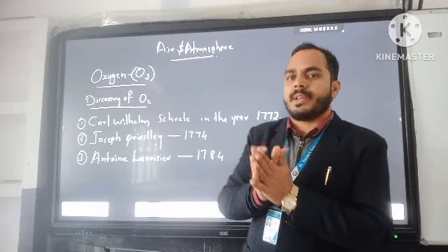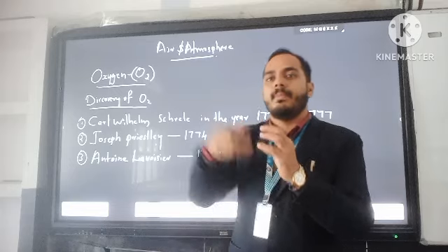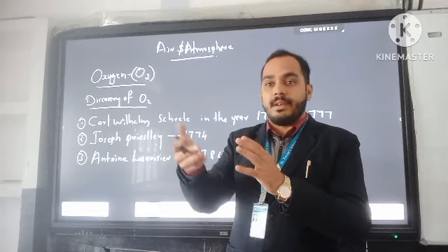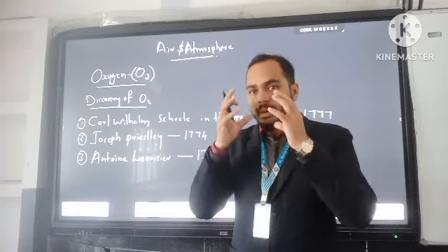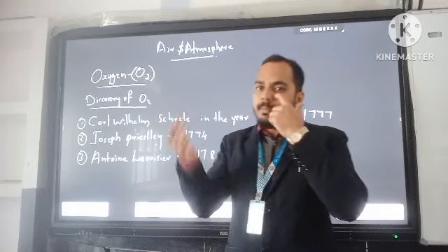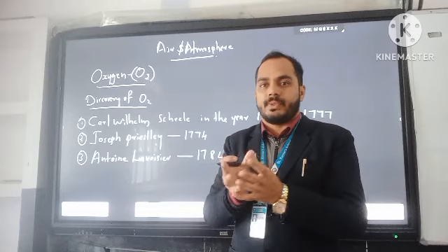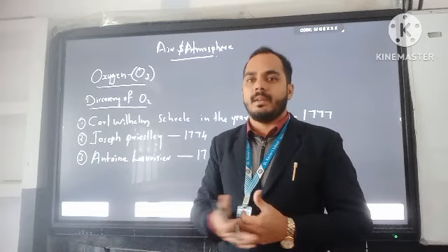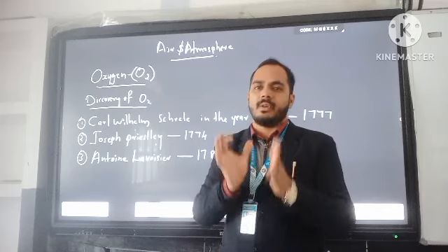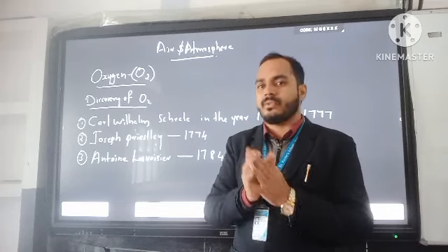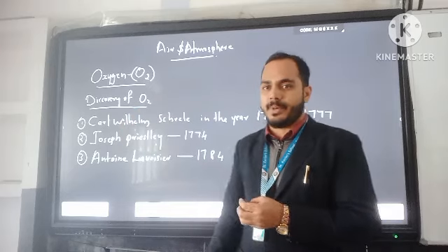During that experimental time, he noticed that the gas helped to burn the substance, burn the candle, and the candle was blowing, producing heat and burning properly. And this gas was also given to a mouse, and the mouse became more active. So accordingly, one unknown gas was produced, but he also failed to find the name of the gas and give more information.